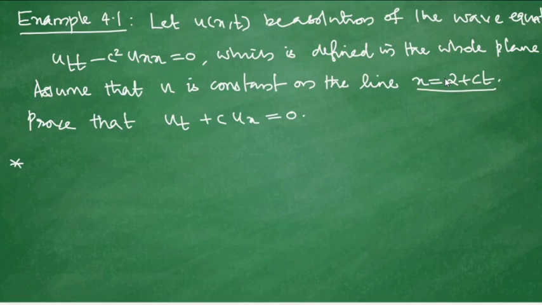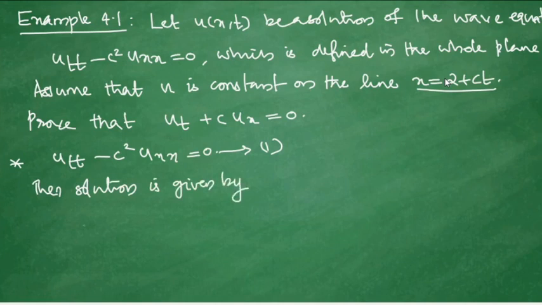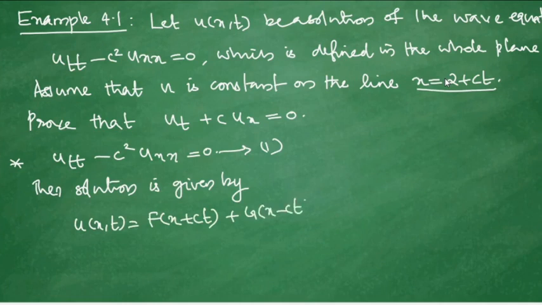The given equation is a one-dimensional homogeneous wave equation, and we have already found its general solution. Let this be equation number 1. Then the solution is given by u of x, t equal to f of x plus ct plus g of x minus ct.